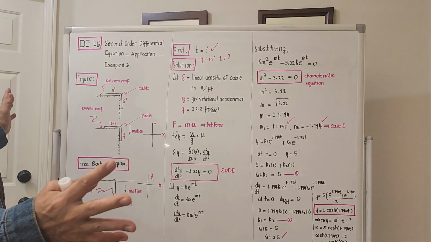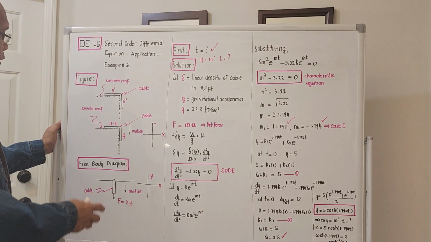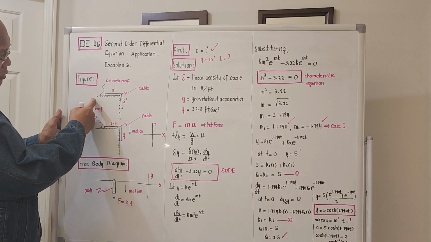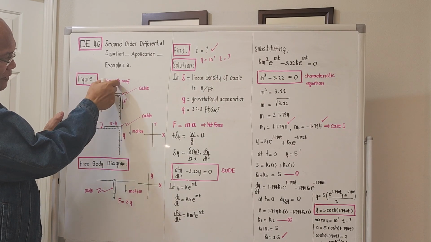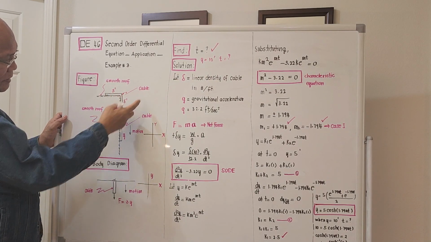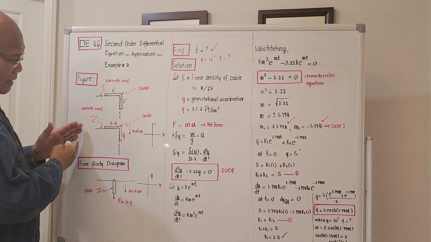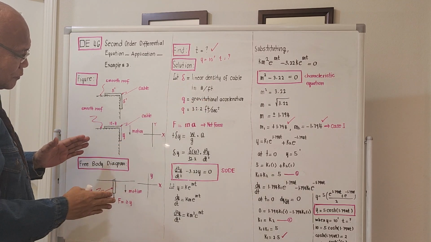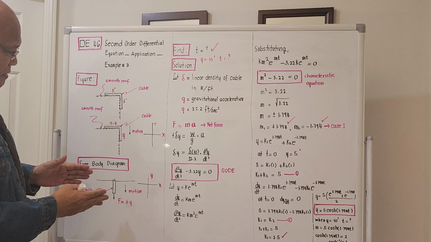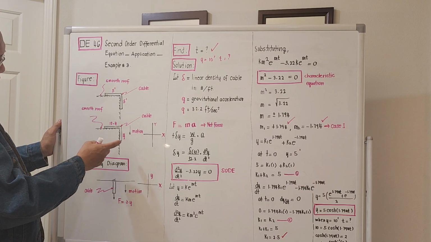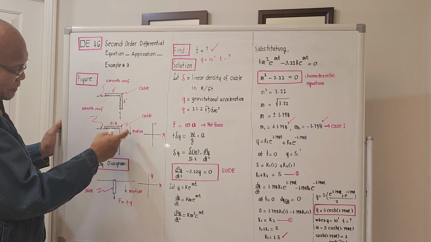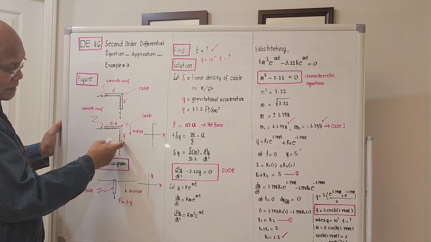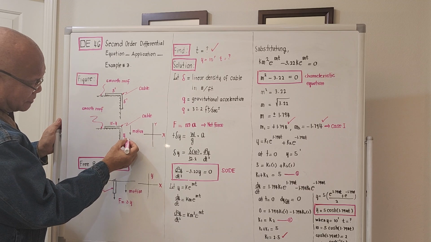Okay, let's try to bring out the figure. This is the horizontal roof, this is the vertical edge, this is 5 feet, this is 5 feet, this is the cable. As a presentation for this diagram, I will place that the part of the cable that is hanging is y, and this y is variable.